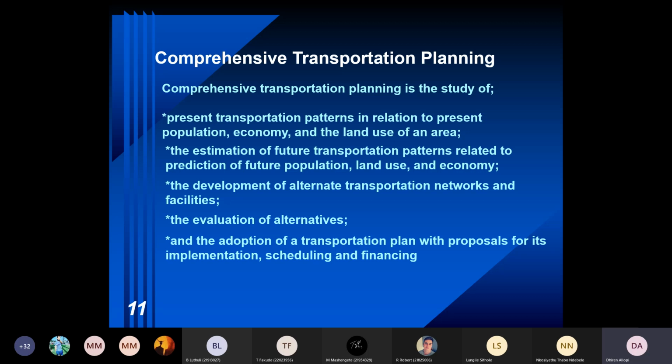Maybe alternative 1 may be a river crossing, so there's an added cost in terms of building a bridge.